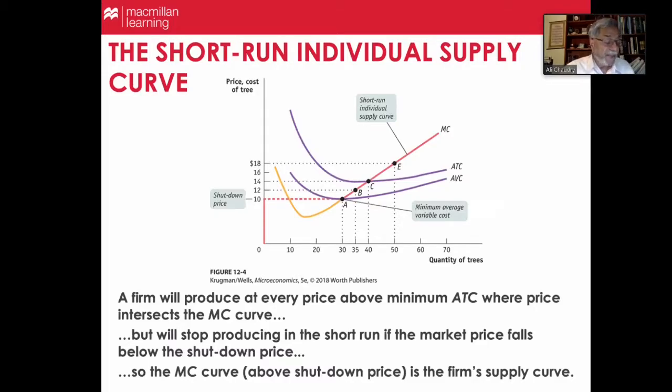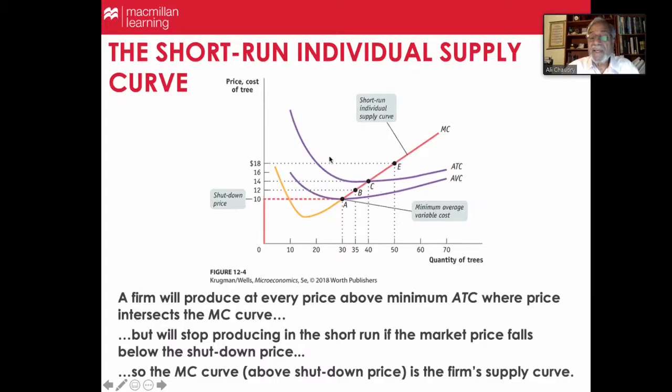Okay, so let's now add one more curve. We're going to add the average variable cost curve to this picture. All right, so average variable cost, this purple curve here, is defined as the total variable cost divided by the quantity being produced.